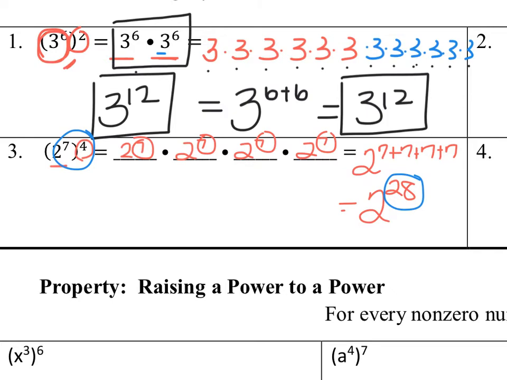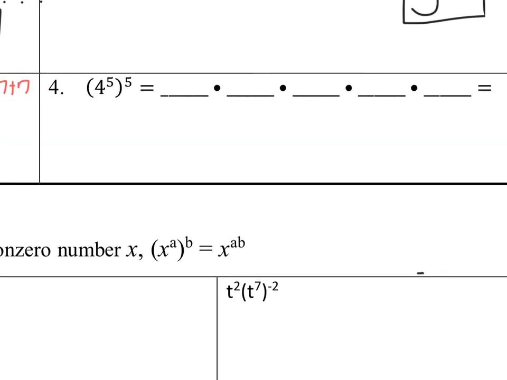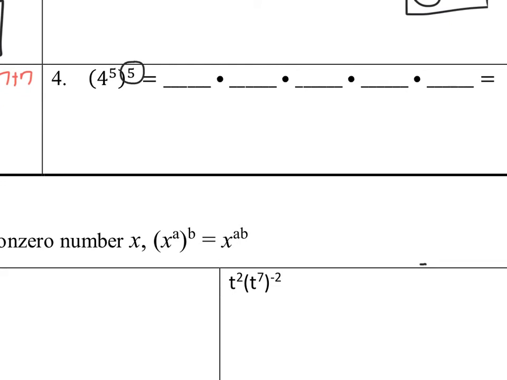Last one, we have 4 to the 5th raised to the 5th power. So again, we need 4 to the 5th 5 times, because this 5 tells us how many times we need to multiply that out. So it's 4 to the 5th times 4 to the 5th times 4 to the 5th times 4 to the 5th times 4 to the 5th.